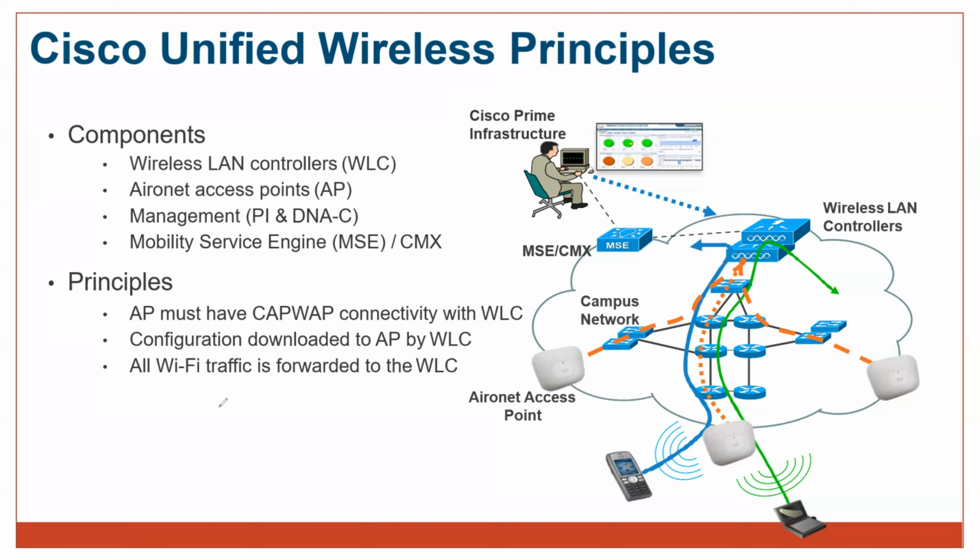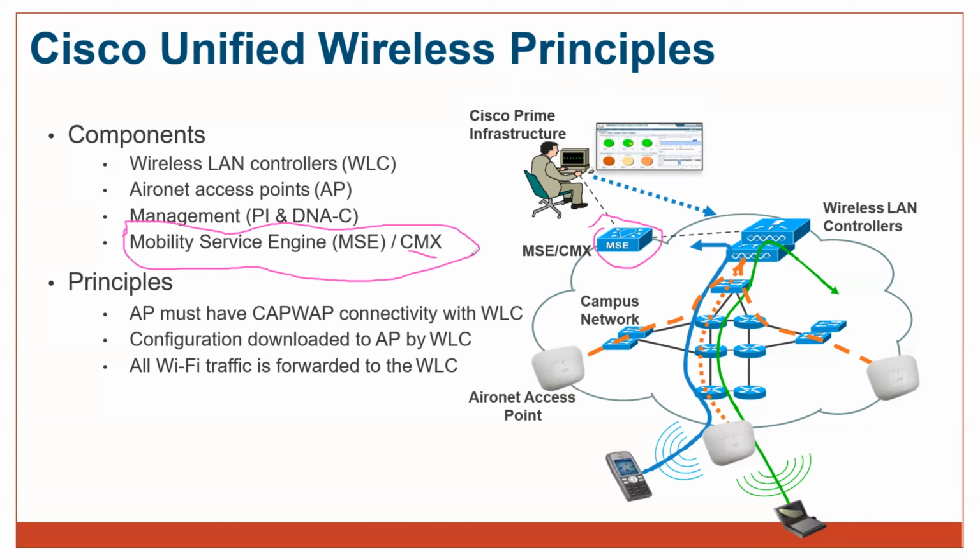Apart from that, you can see this wireless component. We have the Mobility Services Engine, MSE, or Cisco Connected Mobile Experiences, CMX. This is basically related to wireless mobility, where you don't need full-fledged controllers, but you can install such mobility devices in a cluster that will provide a good amount of roaming capability.